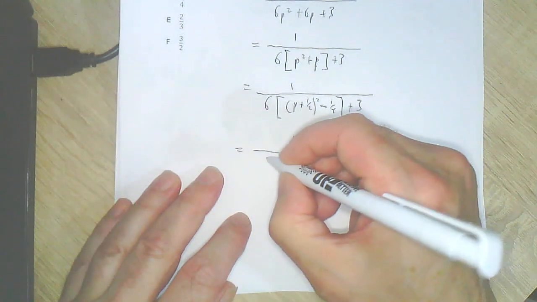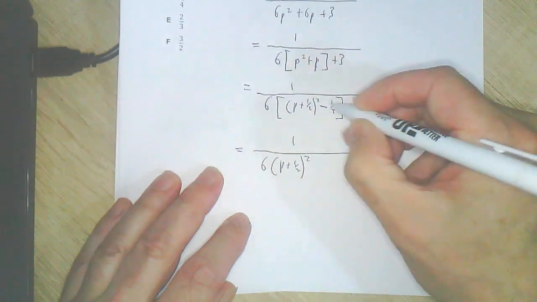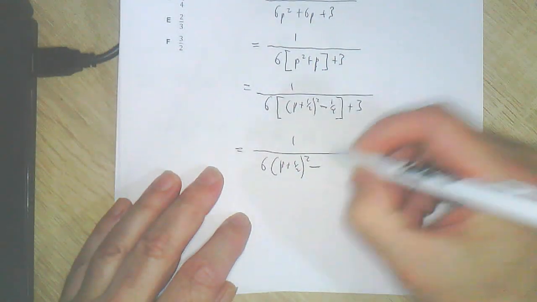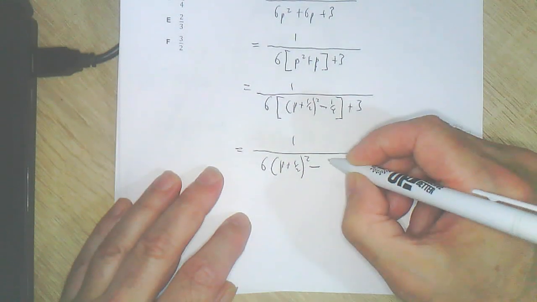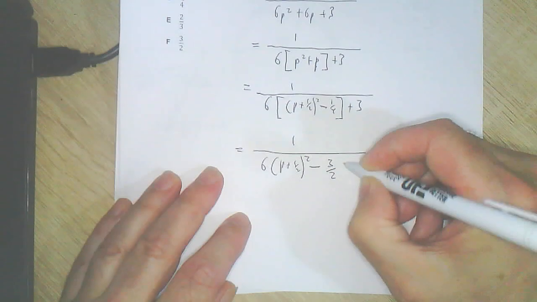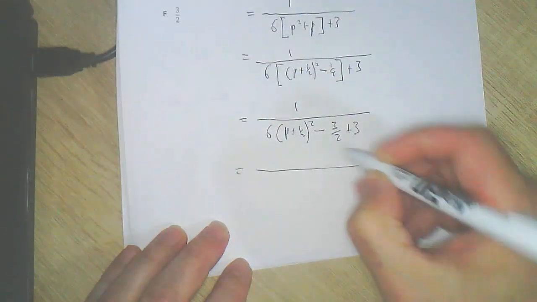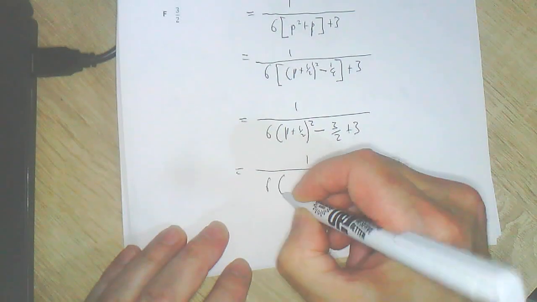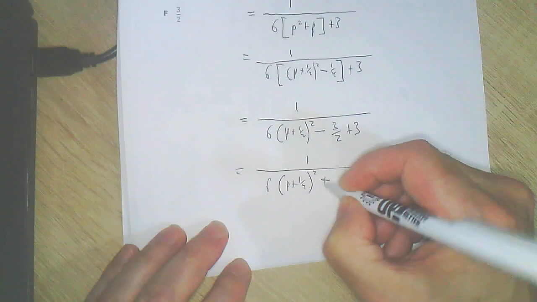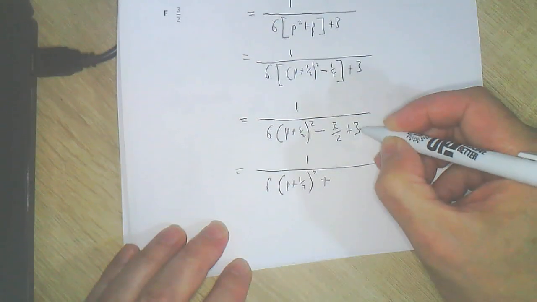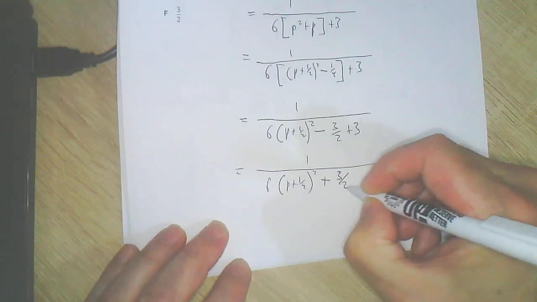Let's expand the square bracket: 6 times p plus a half squared, minus 6 over 4, which is 3 over 2, plus 3. And simplify the constant part: 6 halves minus 3 halves is 3 halves.